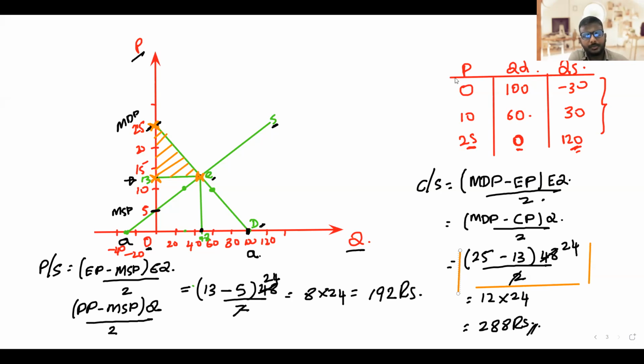Then the producer surplus area. Producer came with a minimum supply price of 5, but he ended up selling the product for 13 and he was able to sell 48 units. So the producer surplus area is this triangle.